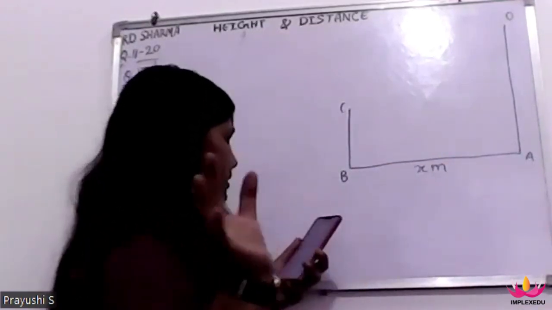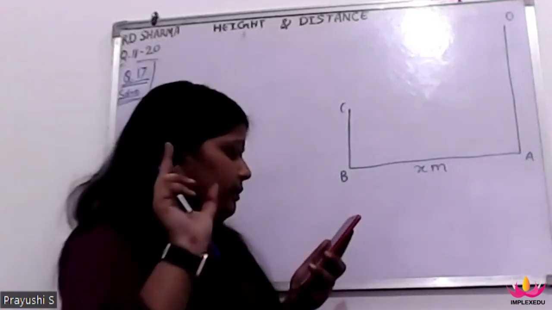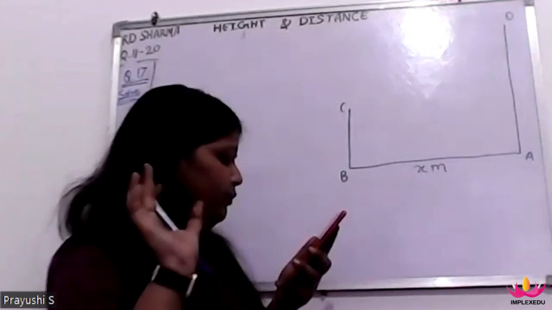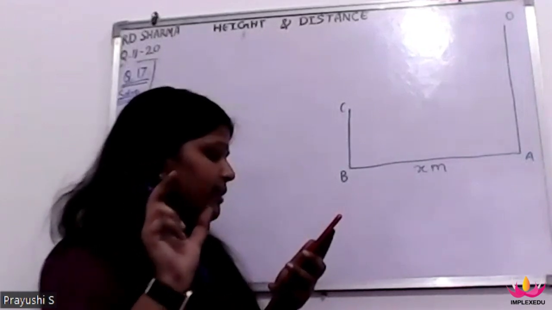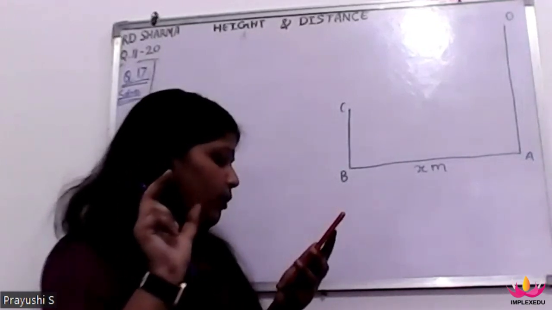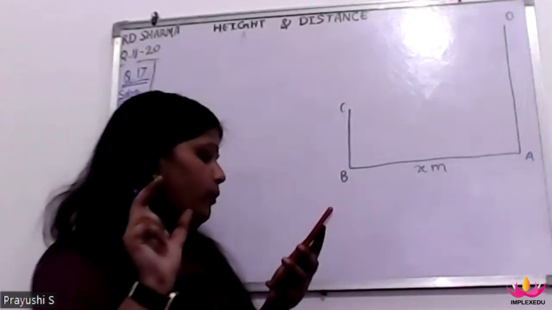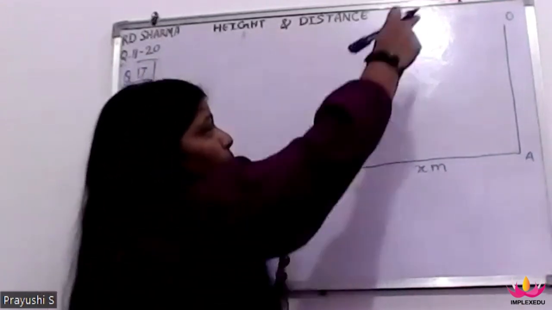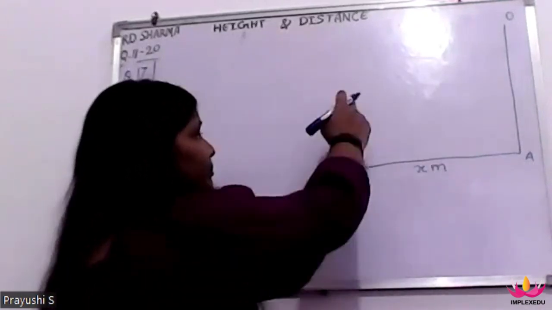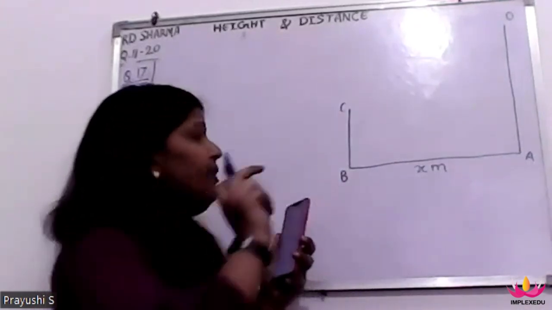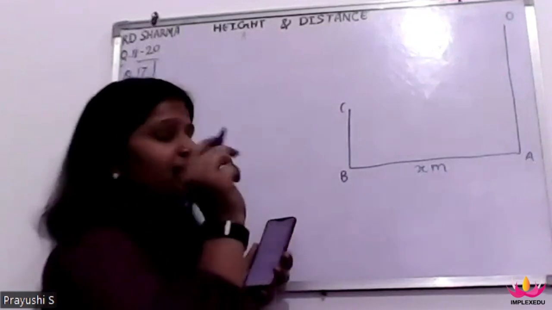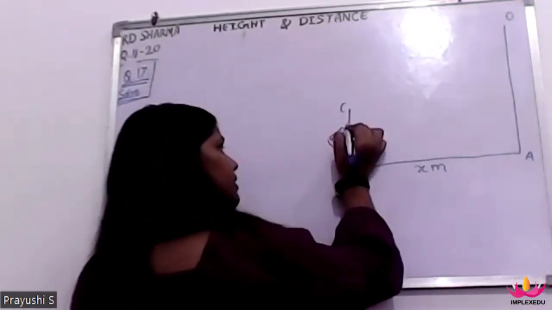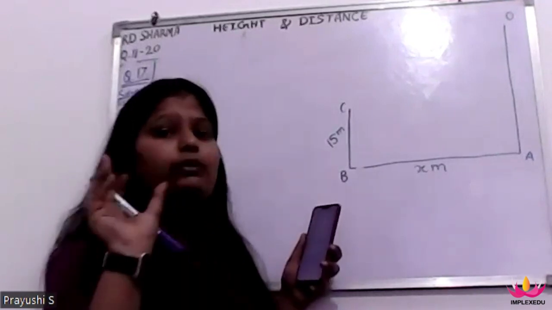Now this is clear. It is also mentioned that from the top of a building 15 meters high, the angle of elevation of the top of a tower. Sorry, here OA is the tower and BC is the building. So it is talking about the building. The building is 15 meters high and AO is the tower.